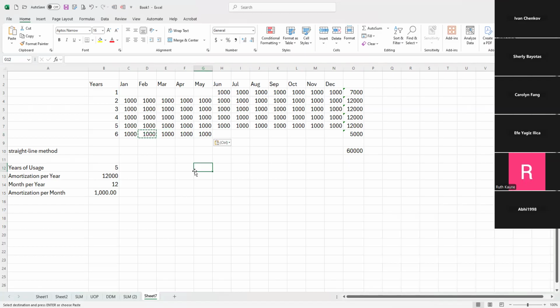Make it 260. Can I have a partial month? Why not? Let's say we bought the asset on June 15th. So what are we going to do? Half of the month. June will be half, 500. Where is the other 500 going to go? June in the last year, 500. We're back to 60,000.